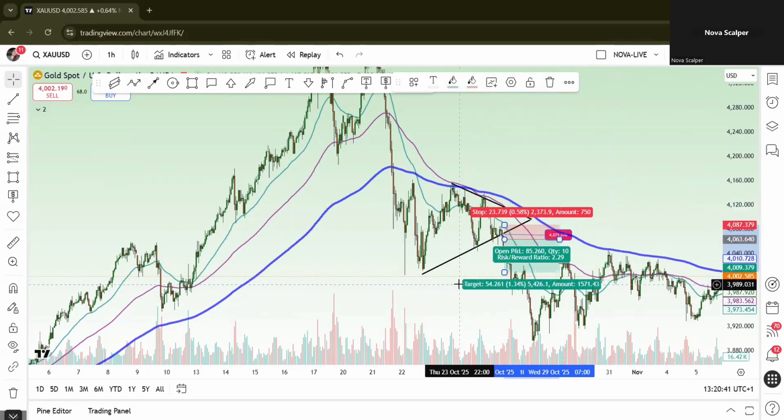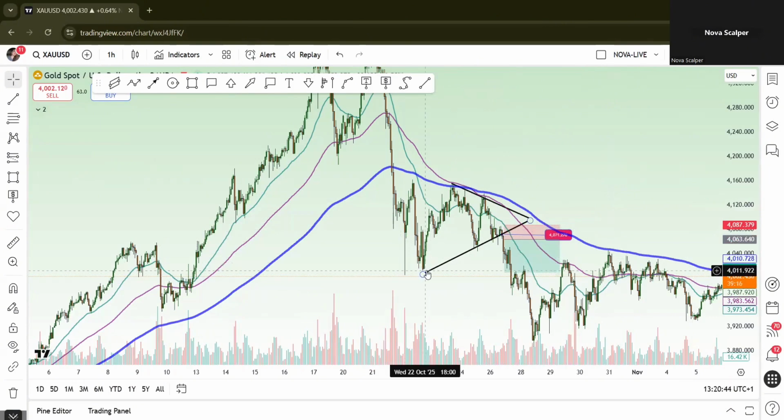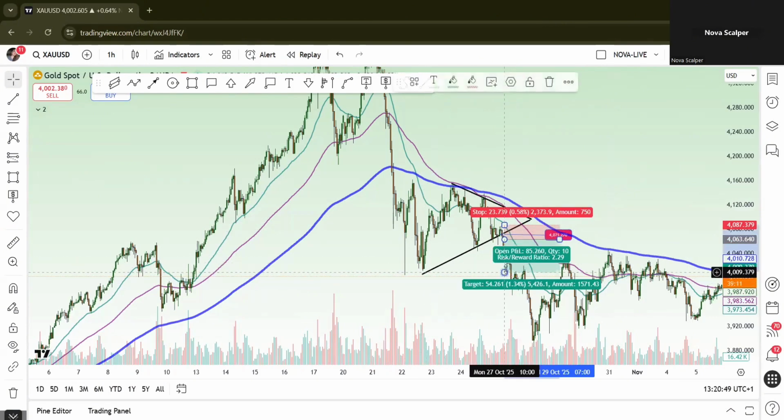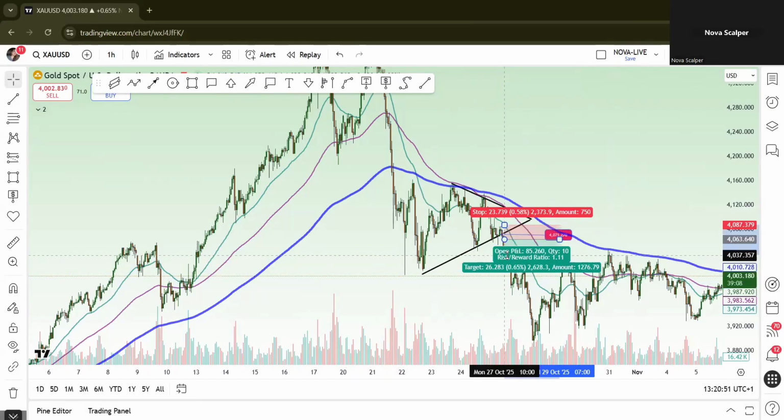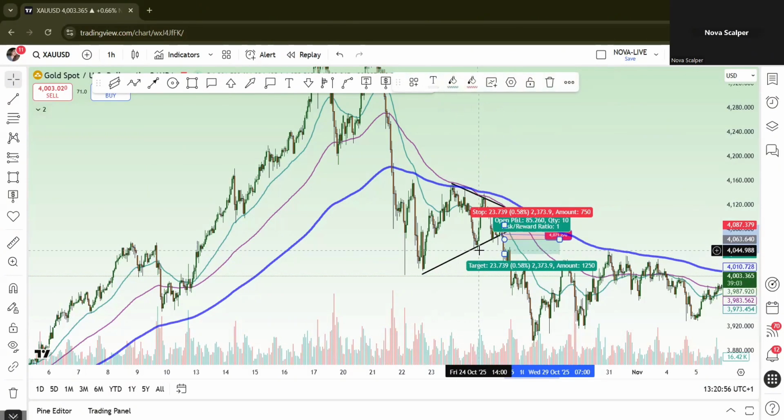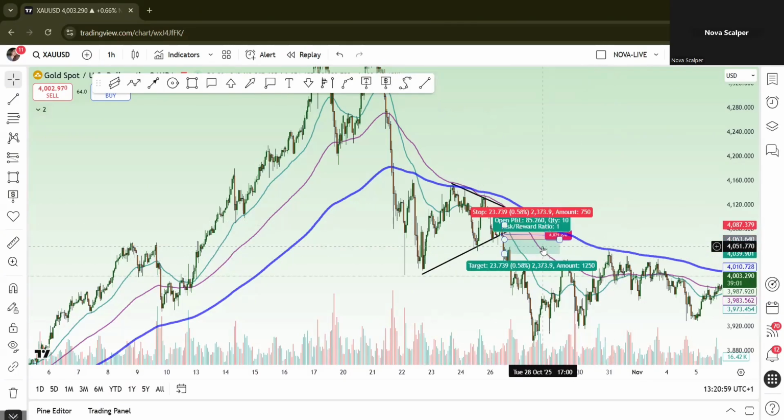Okay, this is where 40.87. And for the stop loss, we can set it at the nearest high, nearest low, or the longest low. And if we set this take profit at the nearest low, you can see that it's nearly balanced. Yeah, risk reward ratio is balanced.